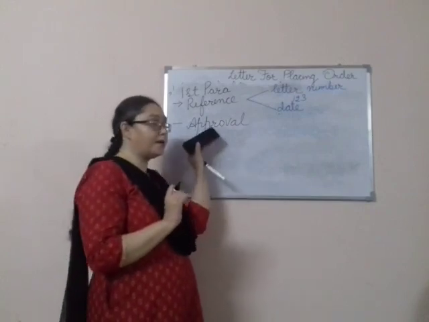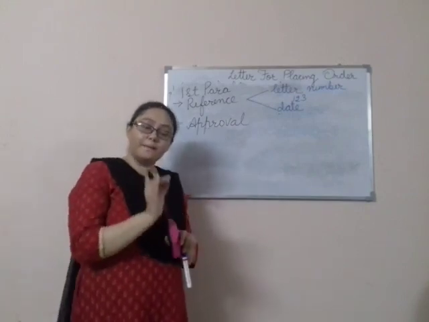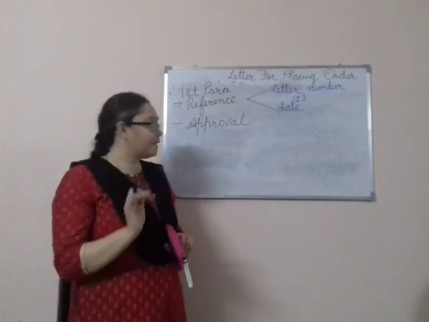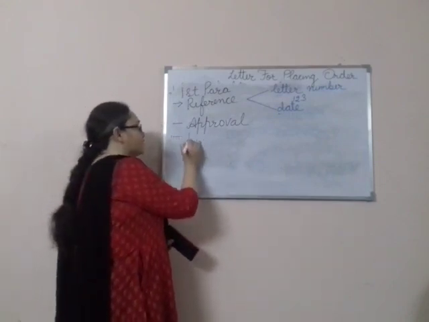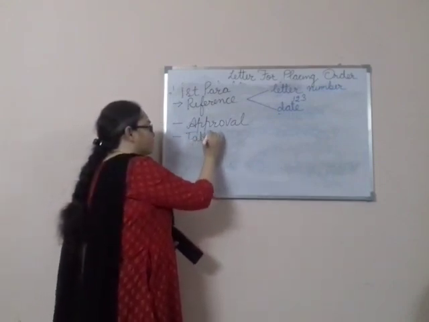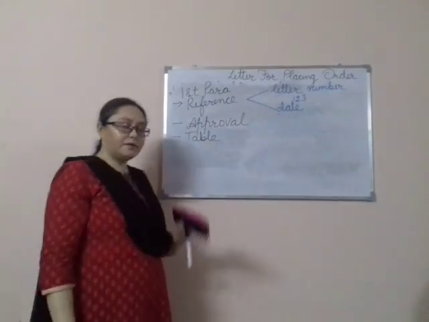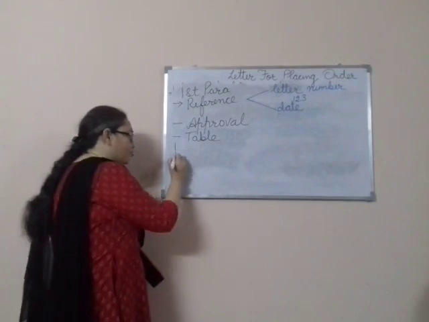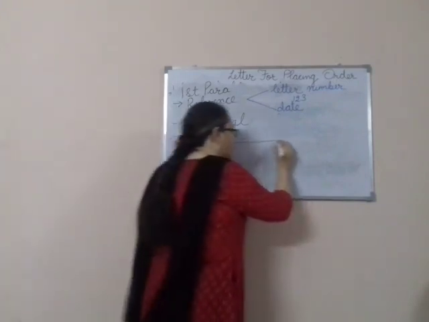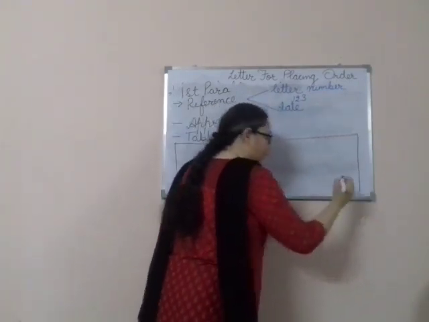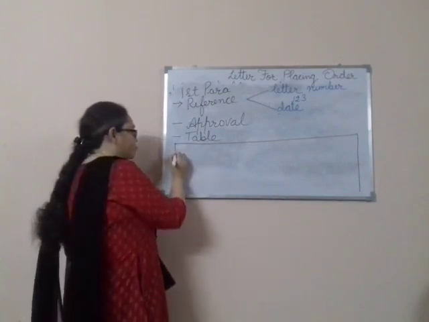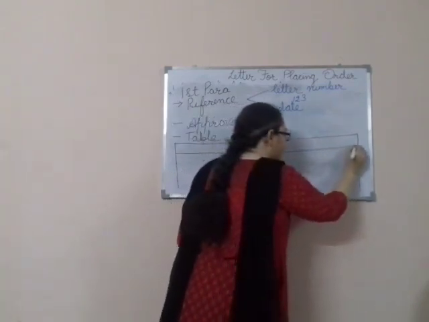It is very important, this should be mentioned in your letter. Then the last thing is the table. Now this table should be drawn with a pencil, so that if you have done something extra, you can erase it.